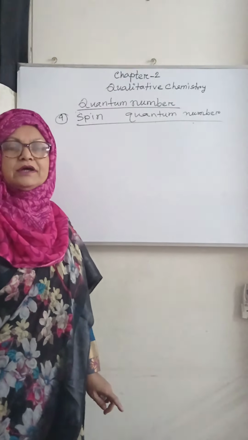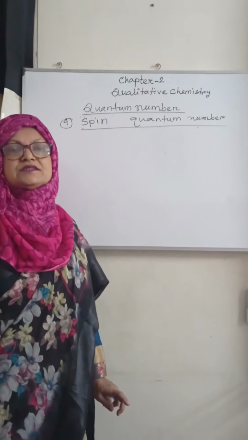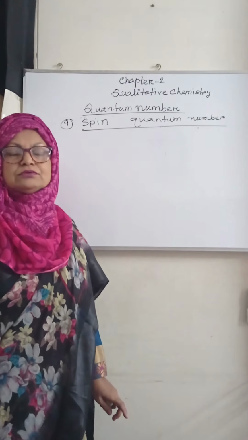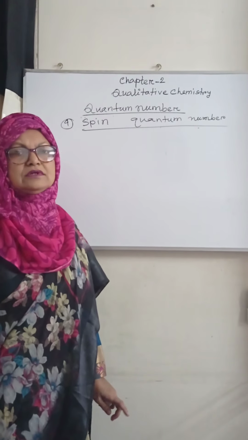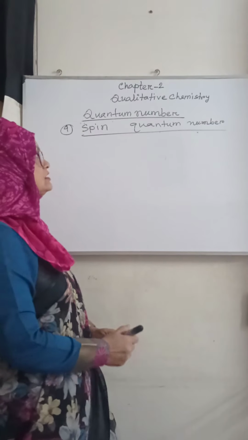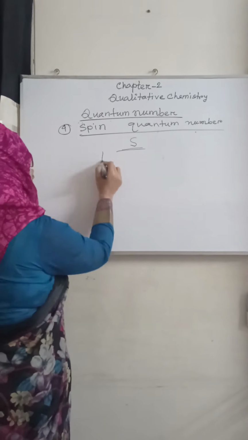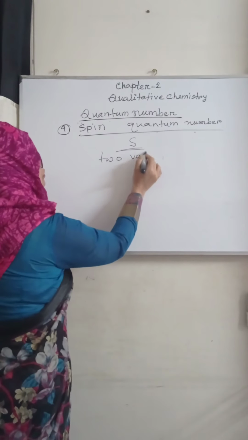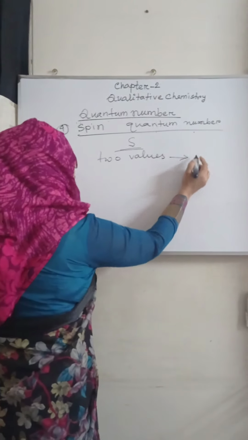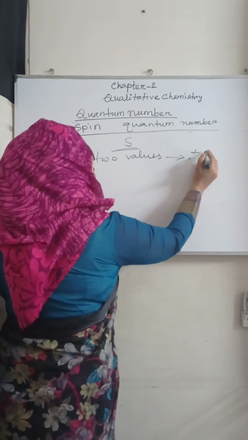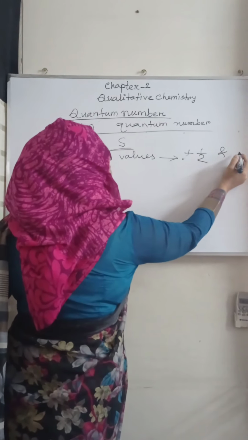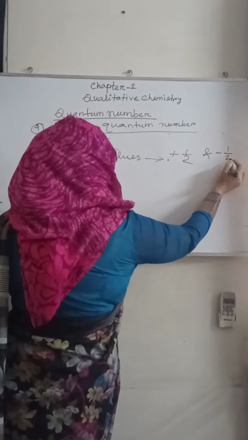So the number which expresses the spin of the electron is called the spin quantum number, and it is expressed by s, and s has two values, and these are plus half and minus half.